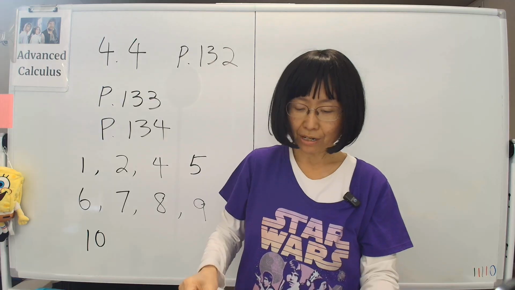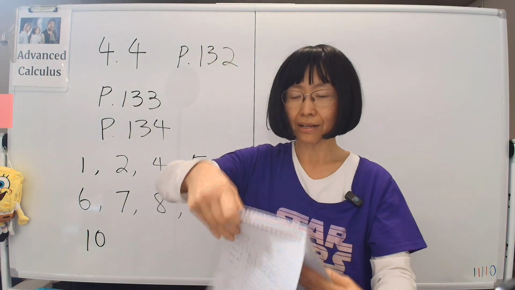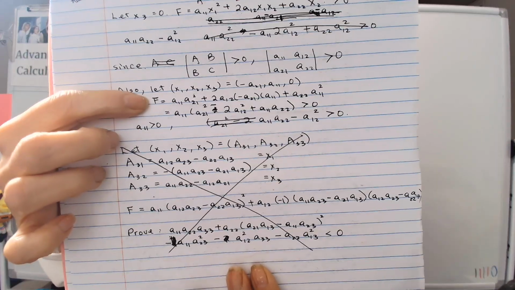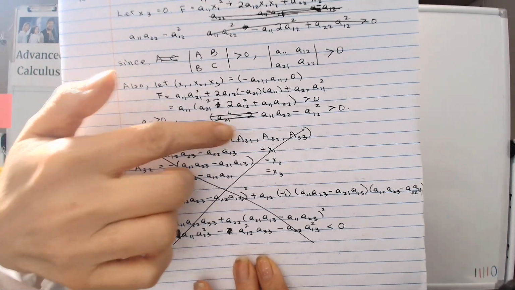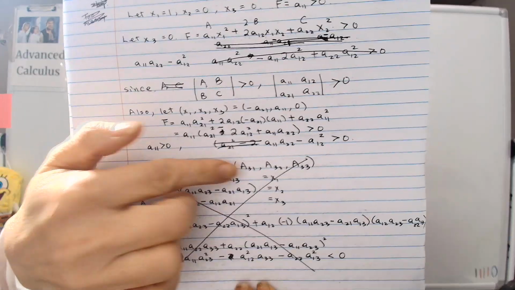See, before, our formula gave us f of a11 times the determinant. So in other words, the first number, times the 1 by 1, times the 2 by 2.